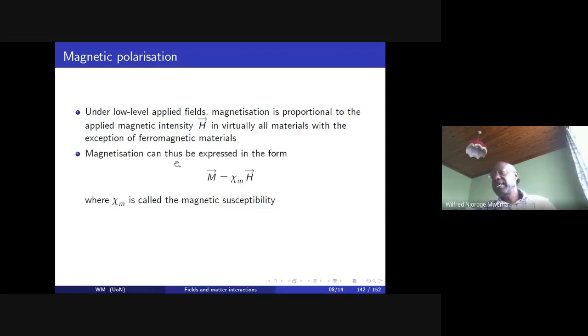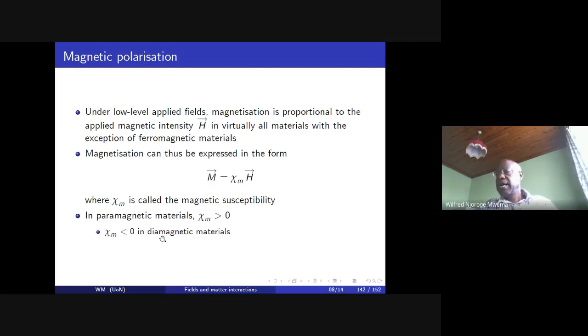So magnetization can thus be expressed in the form M equals chi_m multiplied by the magnetic field intensity H, and chi_m is analogous to that of the electric fields. We'll call it the magnetic susceptibility for the material. So in paramagnetic materials, where the induced dipoles tend to augment the applied field, chi_m is positive.